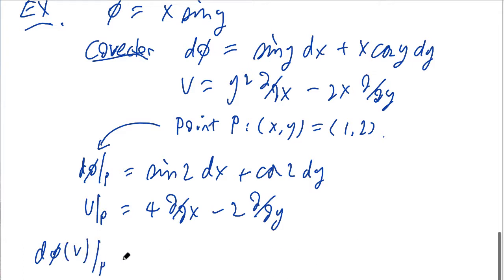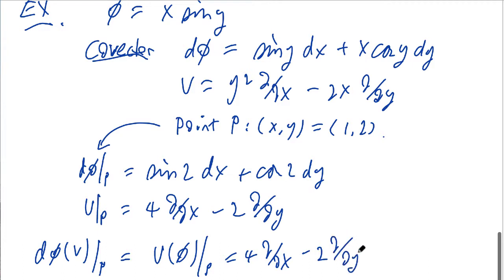Well, remember that whenever the covector is of the form the differential of a function, this number is the same as the number that we get by letting V act on the function phi. So take this vector V, that's 4 d by dx minus 2 d by dy, and let that act on the function phi that we started with, x sine y, all at the point P.